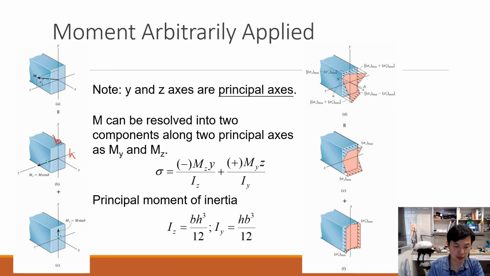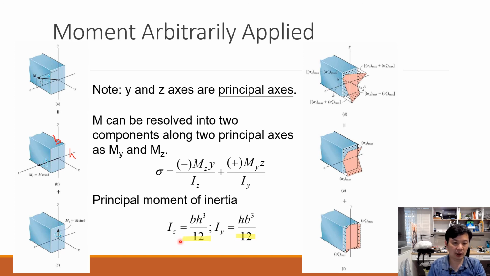So based on the direction of the moment, Iz should be b h cubed over 12. For Iy, the direction is just exchanged, h b cubed over 12 for so-called Iy, and it's used for My. Okay, My, Iy, z is the distance of thickness, and Iy is determined like h b cubed. This one is b h cubed for the other case.